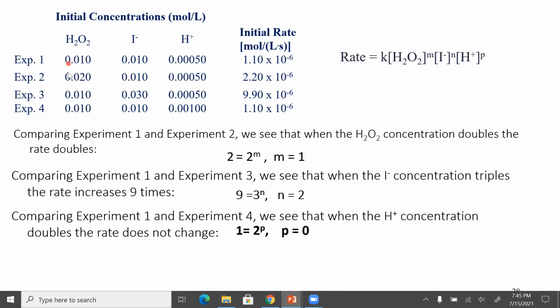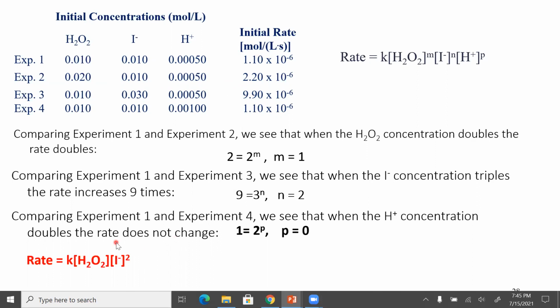So we doubled hydrogen peroxide, that doubled the rate. We tripled the concentration of iodide, that made the rate 9 times. We doubled the concentration of hydrogen, and that didn't change the rate at all.